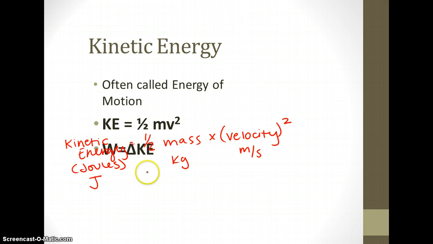Now, in terms of work, work is the change in energy. Sometimes we'll see that work is changing the amount of kinetic energy.